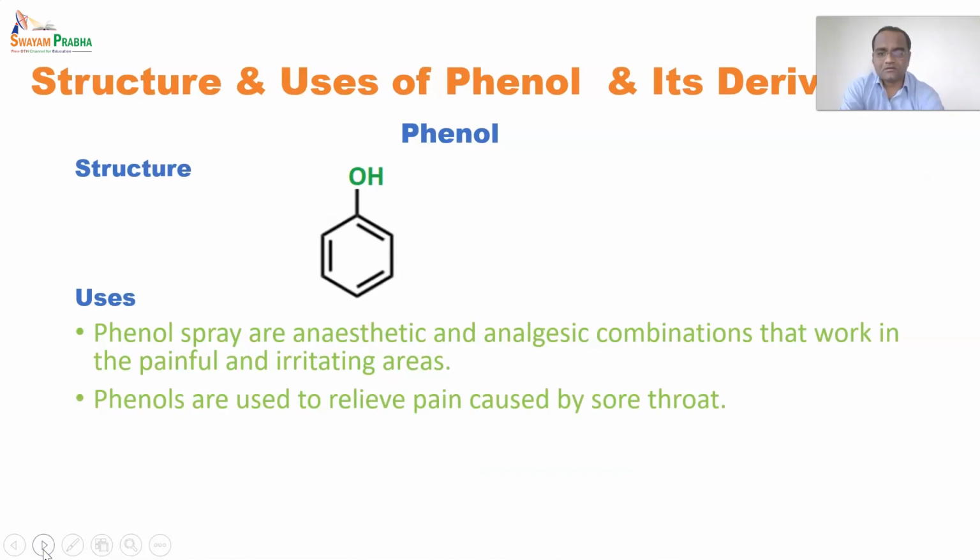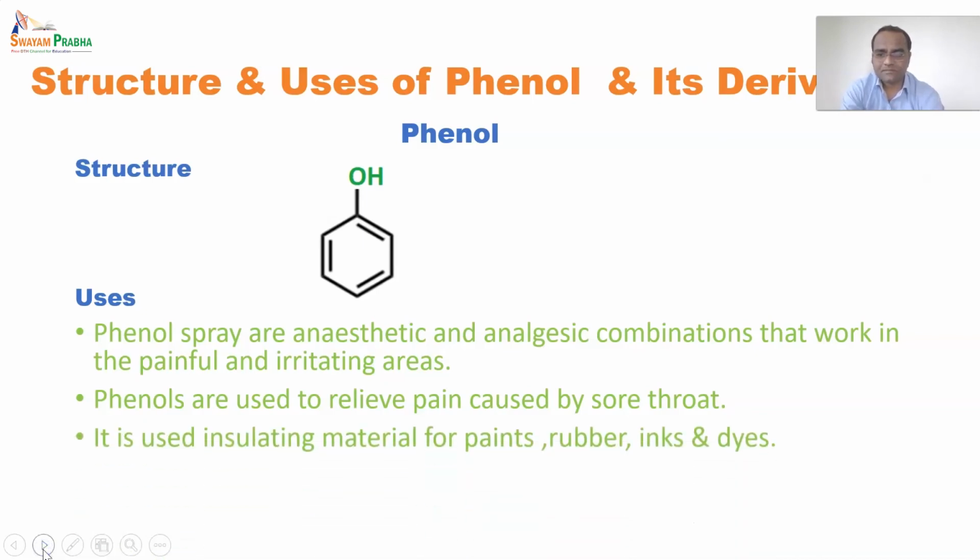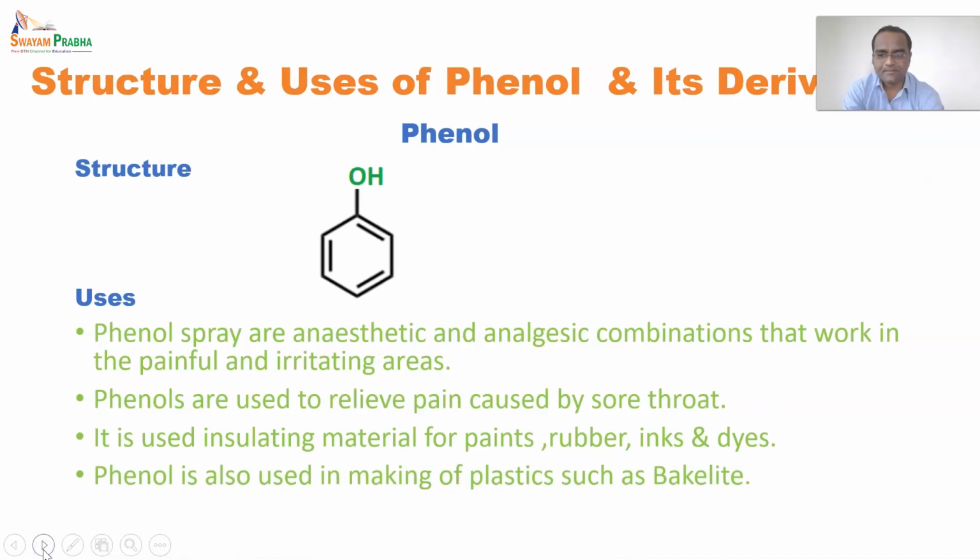Phenols are also used to relieve pain caused by sore throats. It is used as insulating material for paints, rubbers, inks and dyes. Phenol is also used in making plastic such as bakelite.